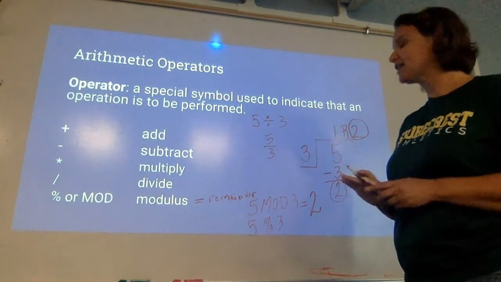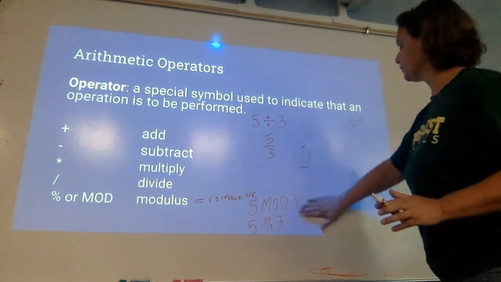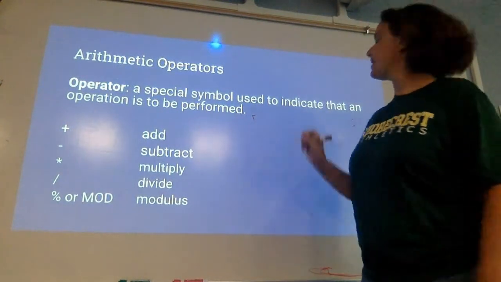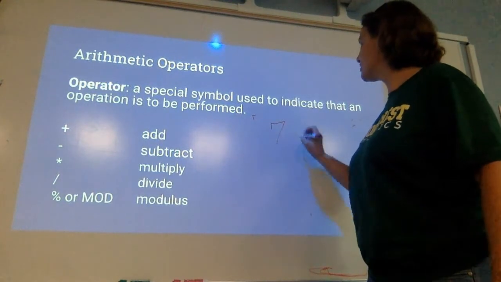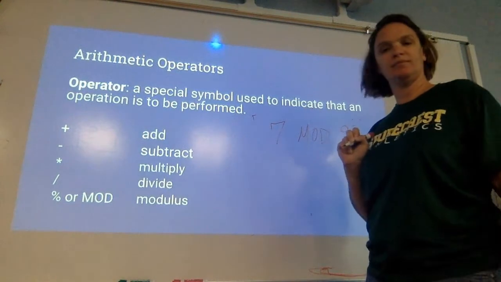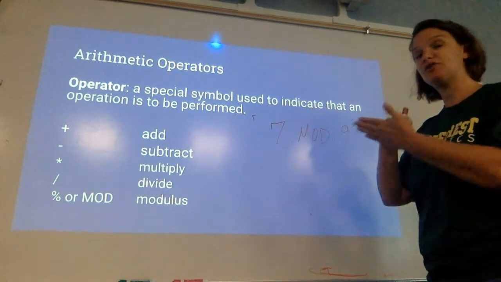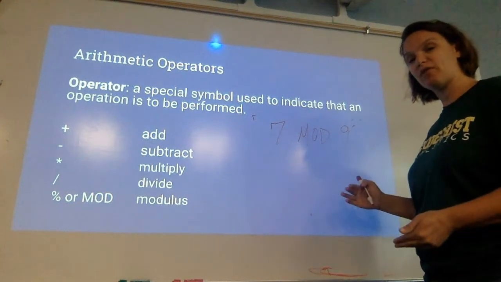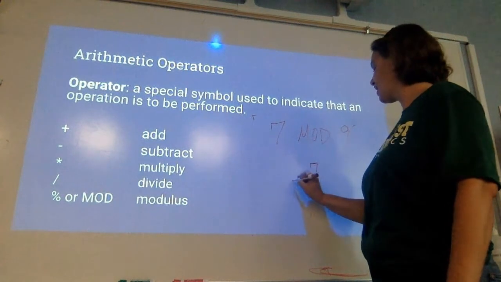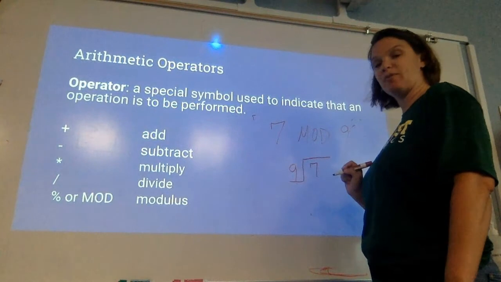Okay, so let's try another problem. Let's see if we really understand this. What if I'm looking at another problem and it says 7 mod 9? It means that I do the division and I see what the remainder is. So I'm doing 7 divided by 9 and I'm going to determine the remainder.